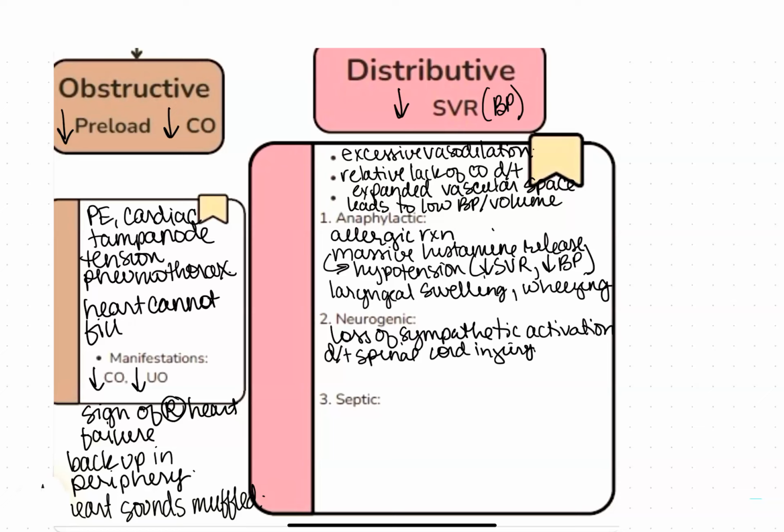In a spinal cord injury, there's damage to the nerves that control blood vessel tone, and this results in the decreased blood pressure or hypotension, an altered heart rate, and also altered thermoregulation.